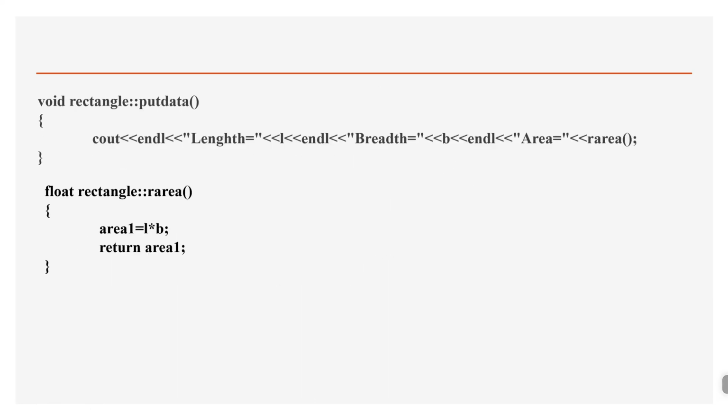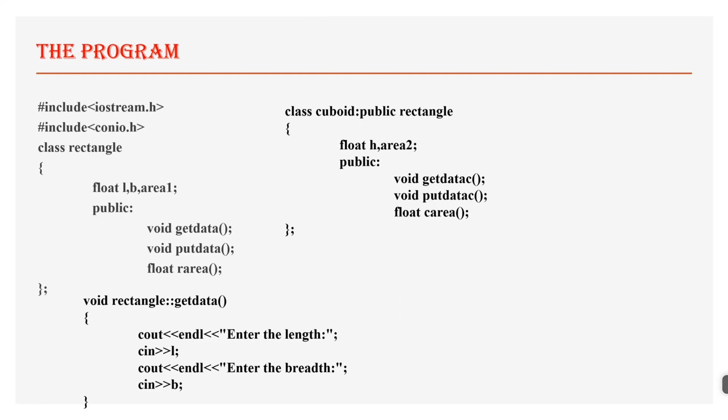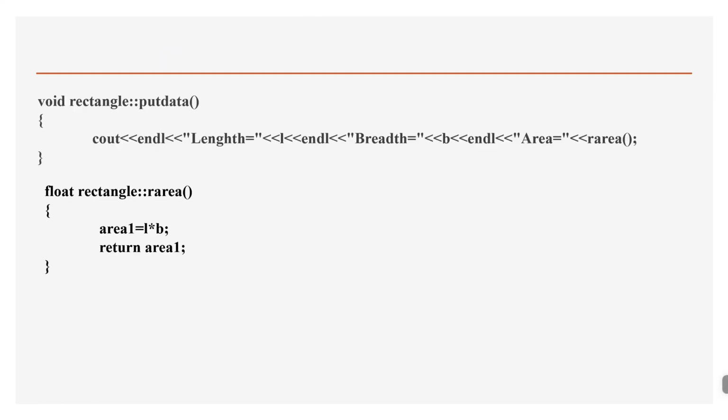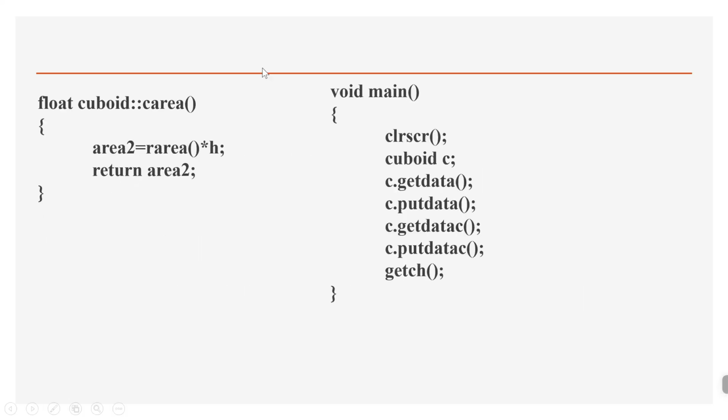So what is put data? It's also a function of the base class. The object is an object of the derived class, but the functions are of the base class, get data as well as put data. So now using these two functions, I am inheriting the properties of the base class.